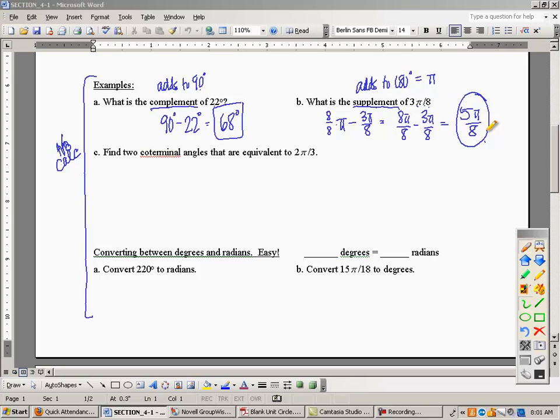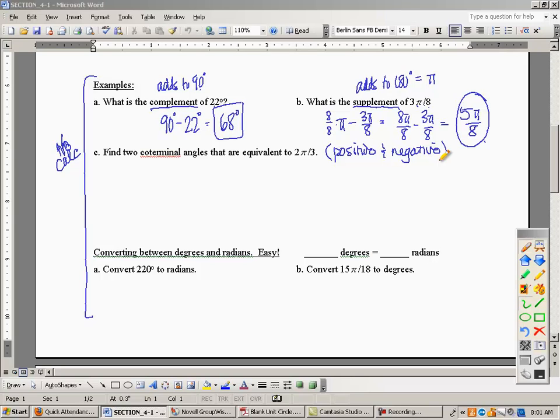Okay. We talked a bit already about coterminal. Again, this is a no calculator question. So I'm going to look at finding 2 coterminal angles. The directions in your book say find one that's positive and one that's negative. And so I'm going to do the same thing with you just to make sure that we're okay.